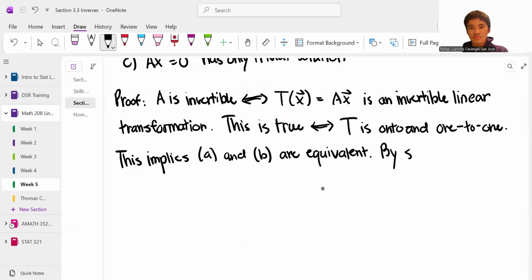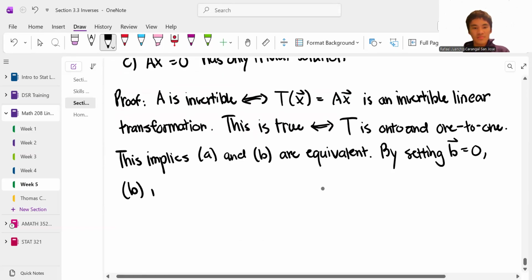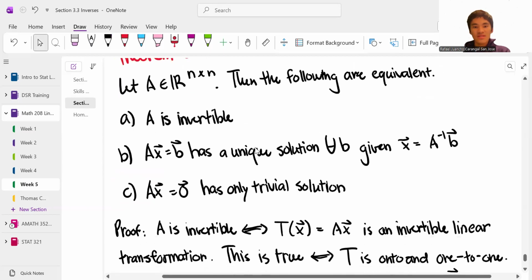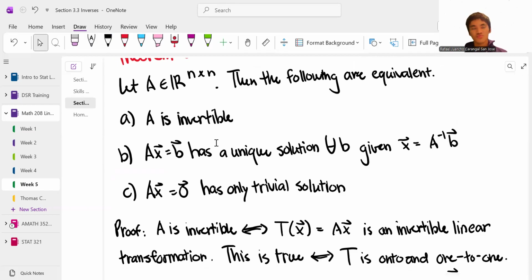Okay. Now, by setting this B to be 0, B implies C. If there is this unique solution, then we know the column vectors of A are linearly independent, if that makes sense. Because we don't have free variables.